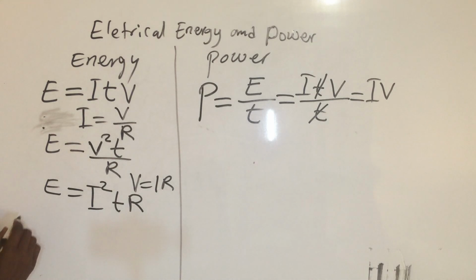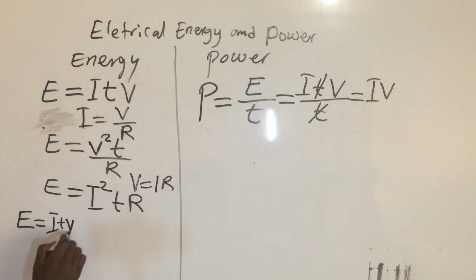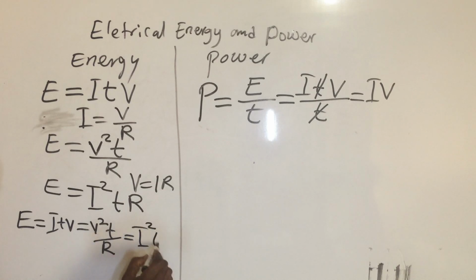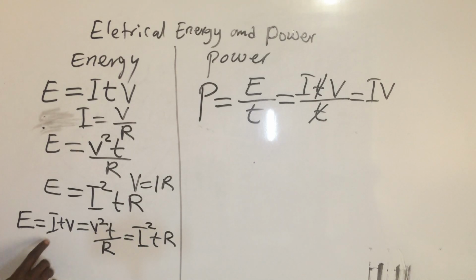So we can now calculate electrical energy with these formulas: I, T, V, or we can also calculate it with V squared T all over R. We can also calculate it with I squared T R. Remember that this one is for current, time, and voltage. Voltage, time, resistance. Current, time, and resistance.